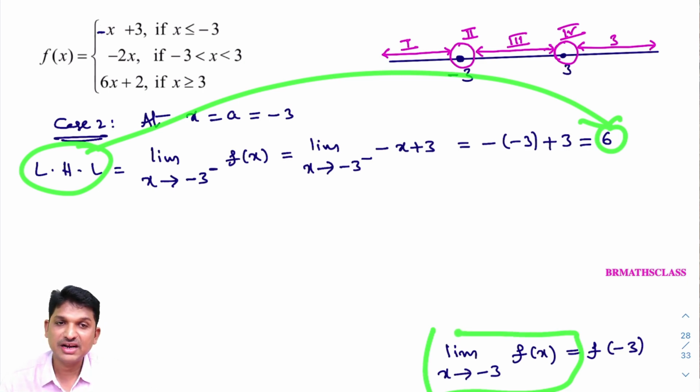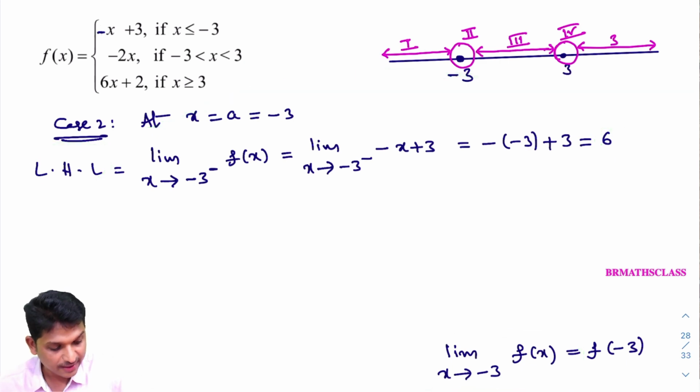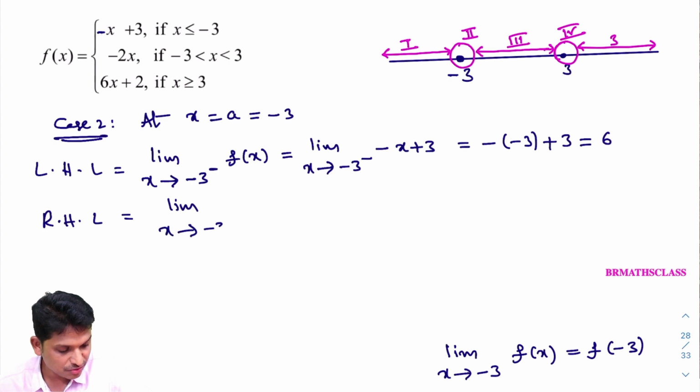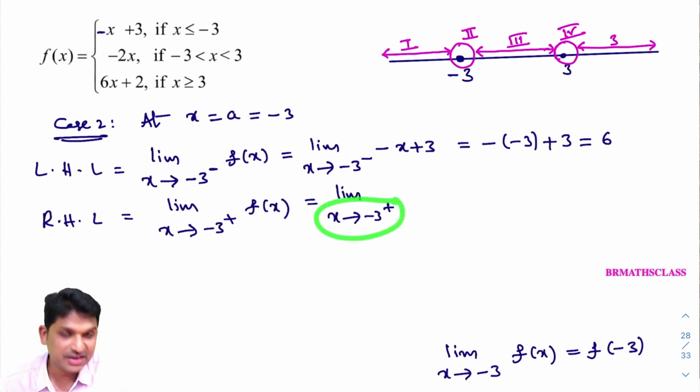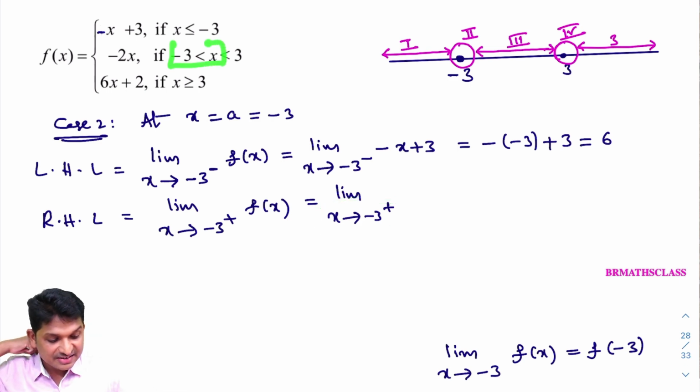Now I need to calculate right hand limit also. Limit x approaches minus 3 from right, f of x. Here x approaches minus 3 from right means all x values are greater than minus 3. Here you observe minus 3 less than x is given.